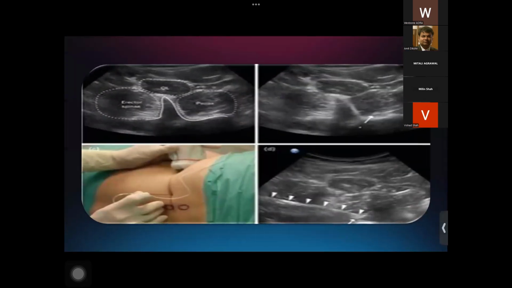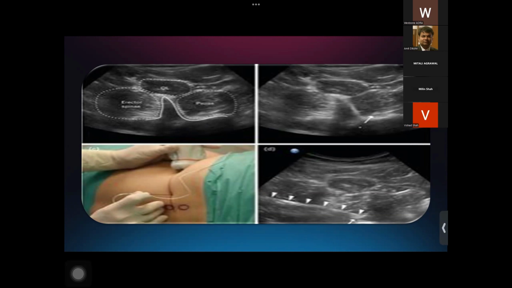So this is how it will look on sonoanatomy. The first picture shows the shamrock view. The center portion above is the QL muscle, with erector spinae and psoas to either side, and the stem is the representation of the transverse process. We have also shown a picture of the needle placement and the probe placement so that it becomes easier to understand.